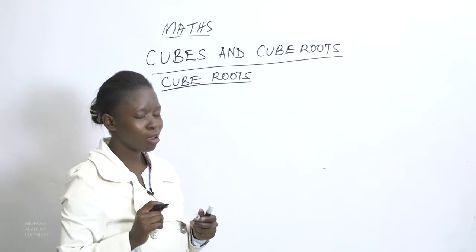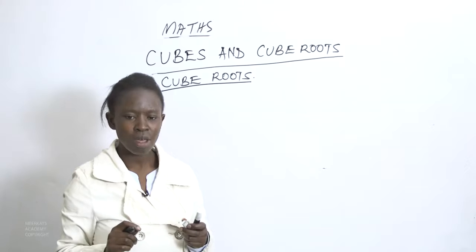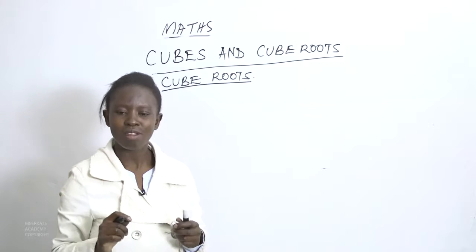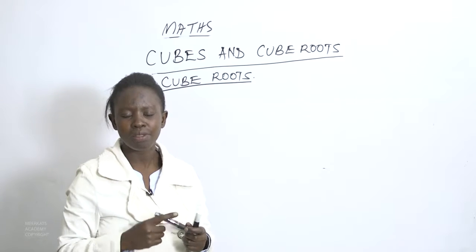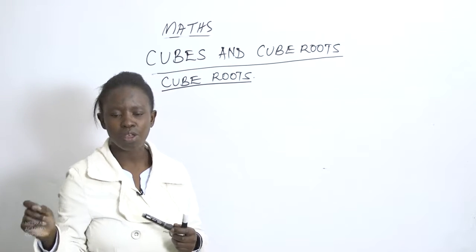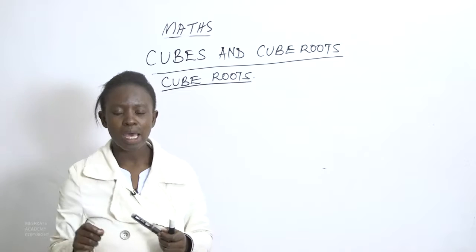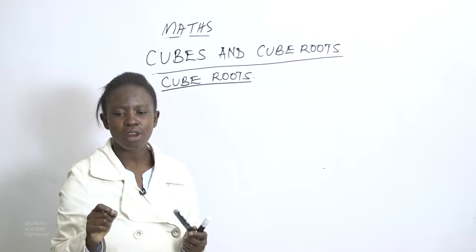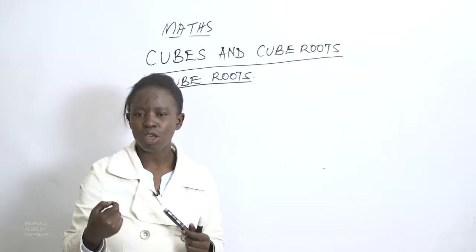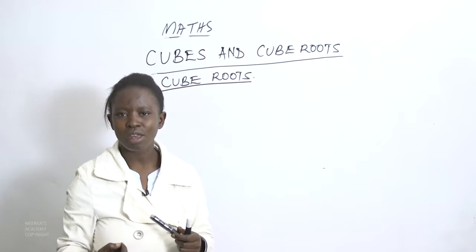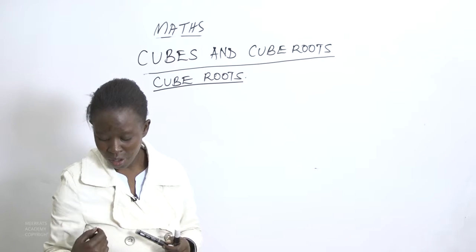But now we want to get the cube root. A cube root is that number that, when I multiply it repeatedly 3 times, I will get the cube. So what does it mean? A cube root is simply the reverse of the cube. So when you are getting the reverse of your cube, then what you are getting is the cube root.